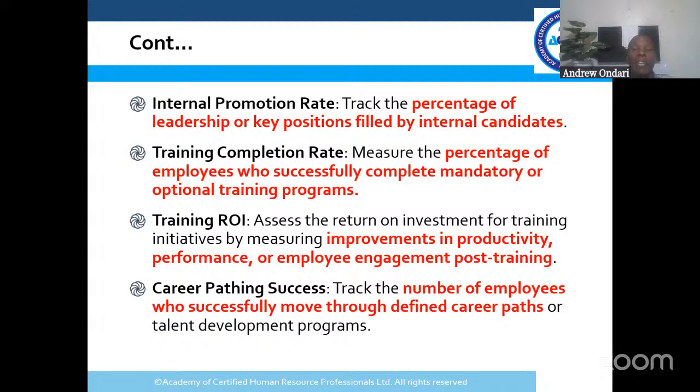What therefore do we need to do as HR managers? One main thing, that is continuous monitoring of the training initiatives so that we identify people who are not completing their courses and establish the reason.